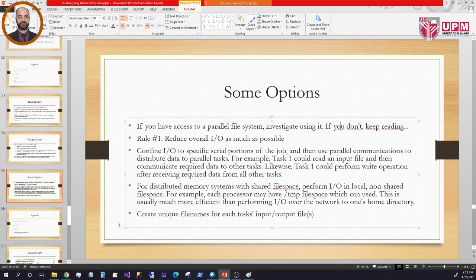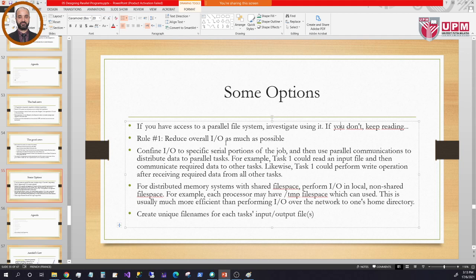So confine I/O to a specific serial portion of the job, and then use parallel communication to distribute data to parallel tasks. For example, task 1 could read an input file and then communicate the required data to other tasks. Likewise, task 1 could perform the write operation after receiving the required data from all other tasks.